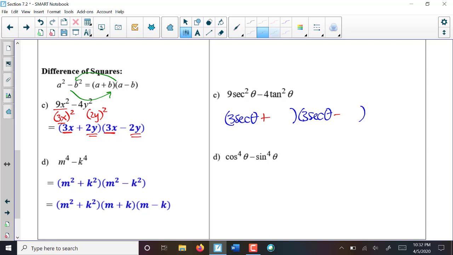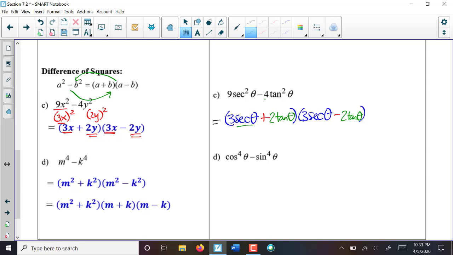Okay, whatever you square to get 4 tangent squared will be your second term. So what do you square to get 4? 2. And if you square tangent, you get tangent squared. Those will be your second terms. All right, and I don't think I can do anything here. We might be tempted to think Pythagorean, but this is to the first power, not squared, so we can't use a Pythagorean identity.